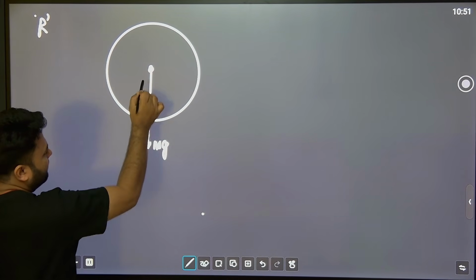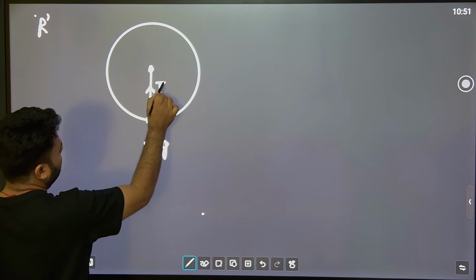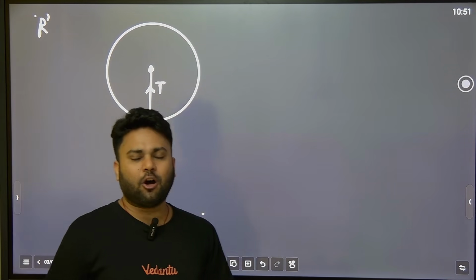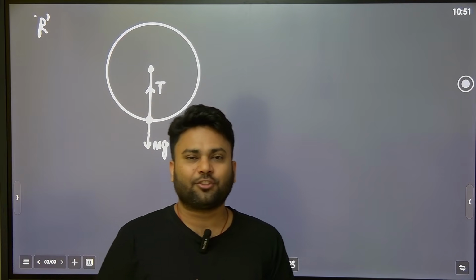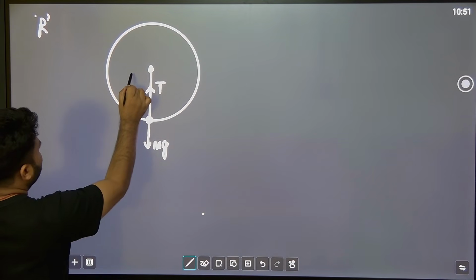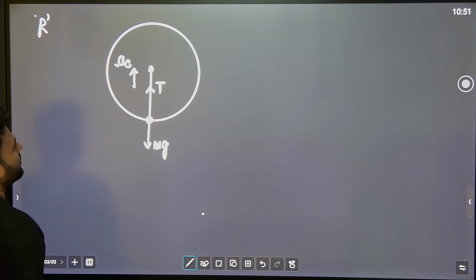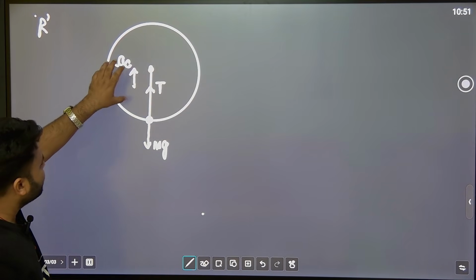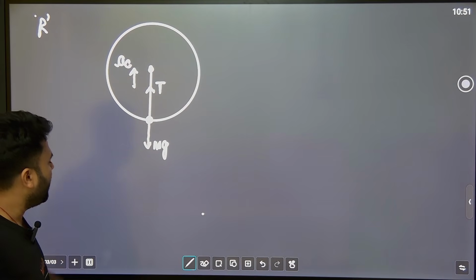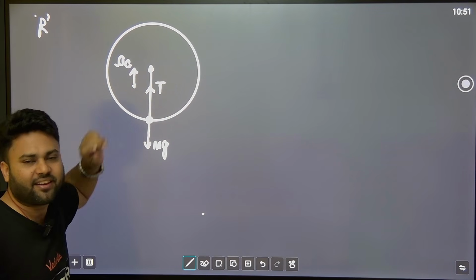Tension always acts away from the body. As I told you, if the object is performing circular motion, there is always one acceleration towards the center, the centripetal acceleration. So if acceleration is in this direction, which force will be more, tension or mg? Obviously tension will be more and mg will be less. That's why acceleration is in this direction.